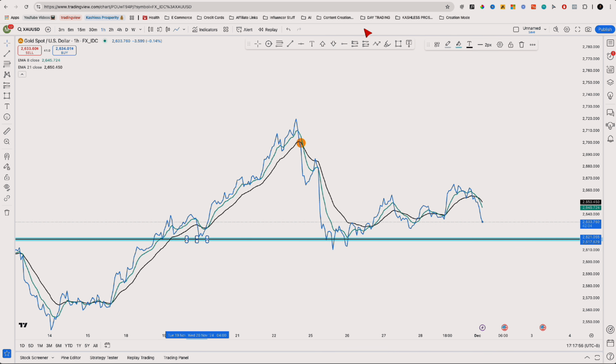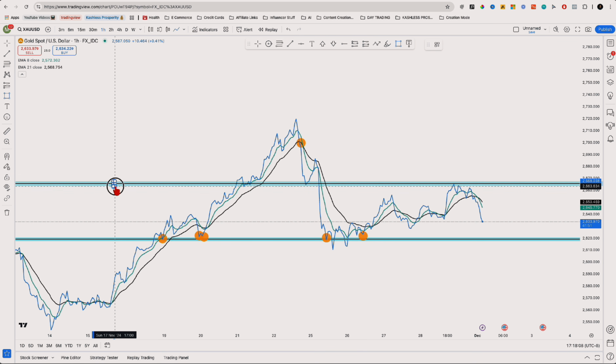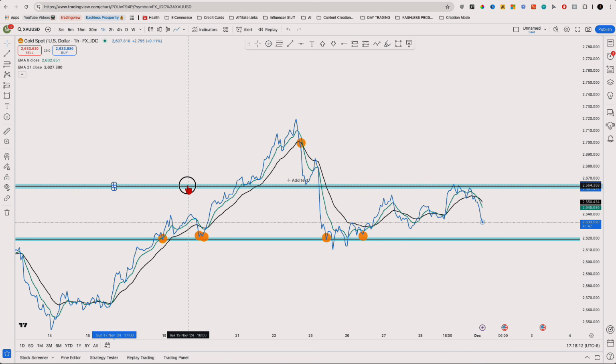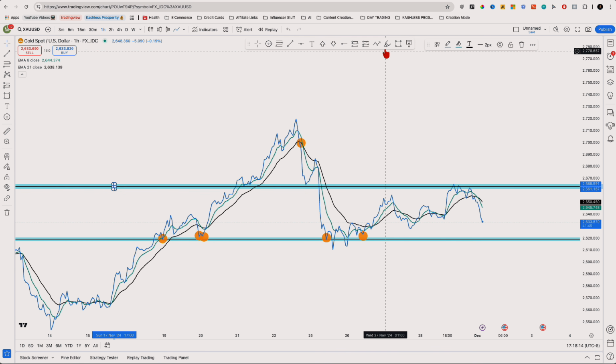So right here, you can see that price touched this area multiple times, and we're still on the 1 hour time frame. Let's go ahead and go towards current price. You're going to see price came up to this area a few times. It doesn't have to be perfect either, y'all.